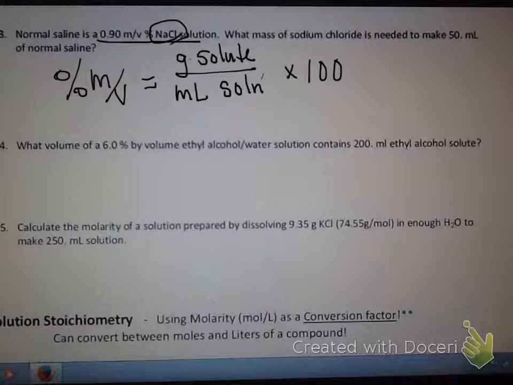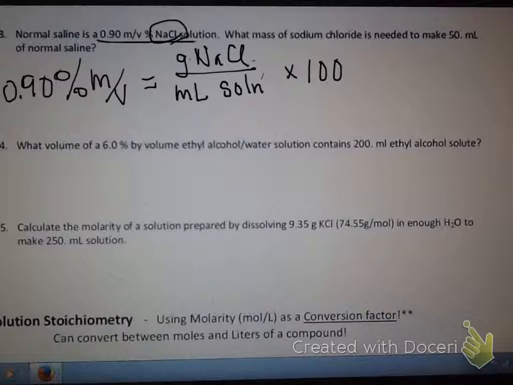So when it says percent magnesium hydroxide, percent sodium carbonate, percent sodium chloride, that is the solute. So the mass volume percent here that we're given is 0.90, and that is the grams of sodium chloride divided by the milliliters of solution.